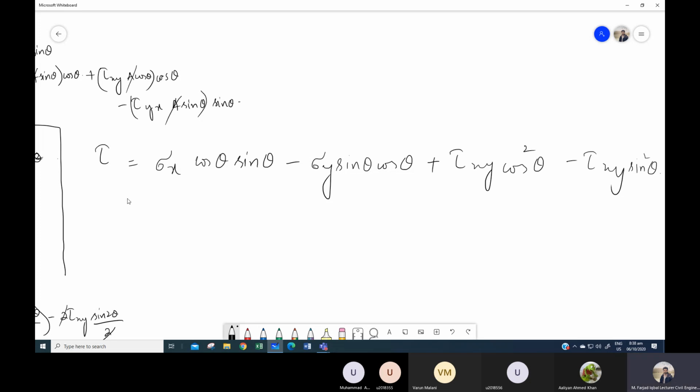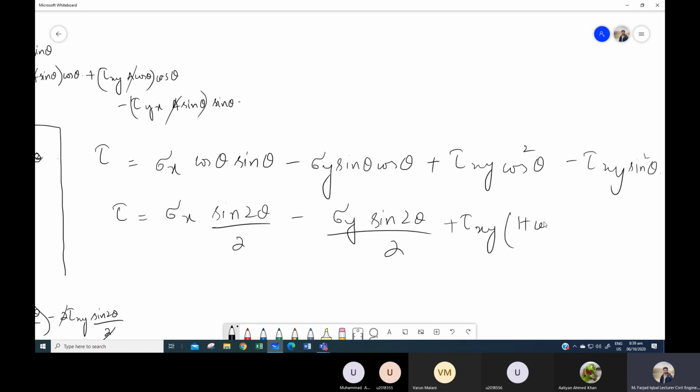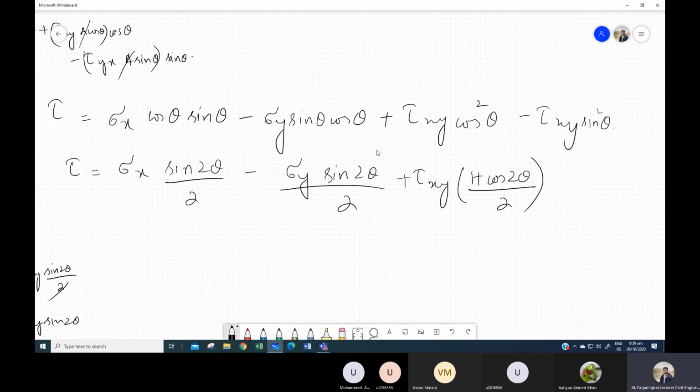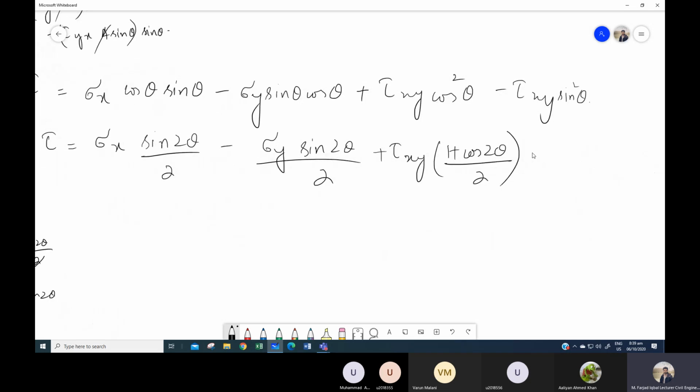Now again, if I substitute those identities, I will get sigma x sine 2 theta by 2 minus sigma y sine 2 theta by 2 plus tau xy (1 plus cos 2 theta) by 2 minus tau xy (1 minus cos 2 theta) over 2.